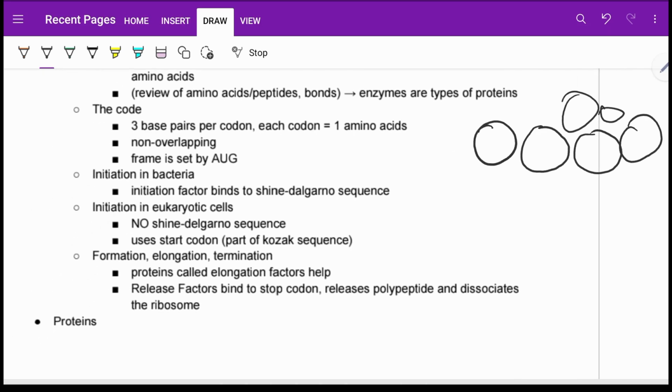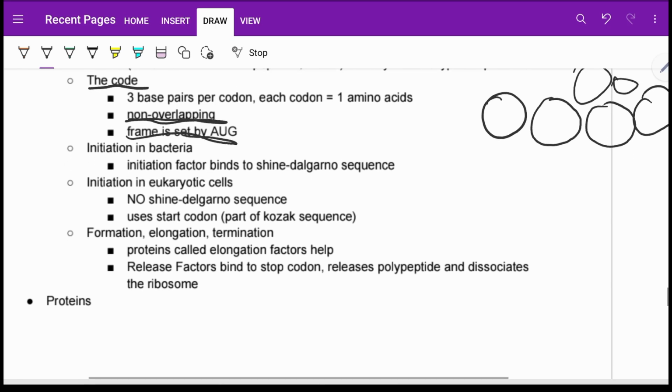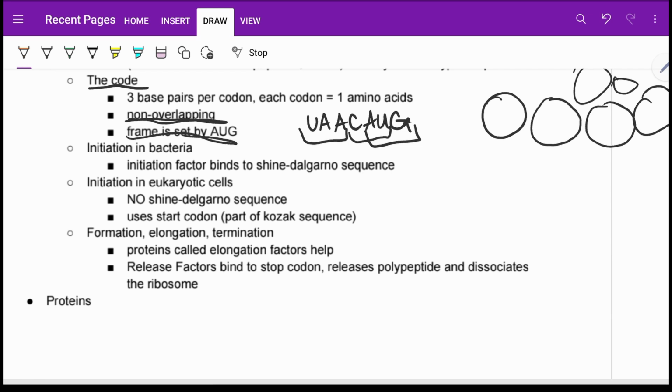The code is non-overlapping, and the frame is set by AUG. So if it was, I don't know, UAAC AUG, the frame does not start at the first three or here, it starts here. This AUG sets the frame for everything else.